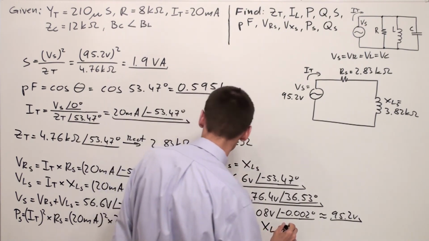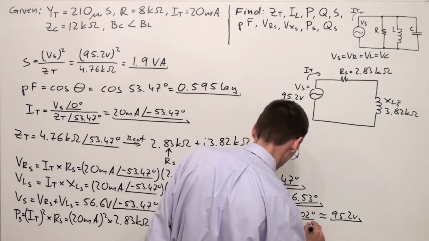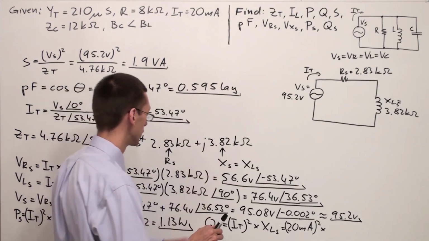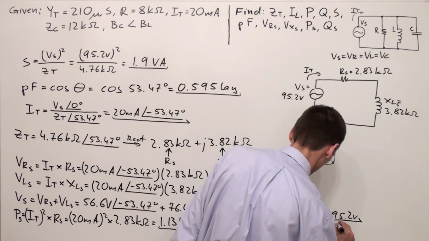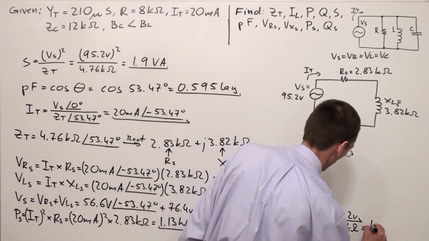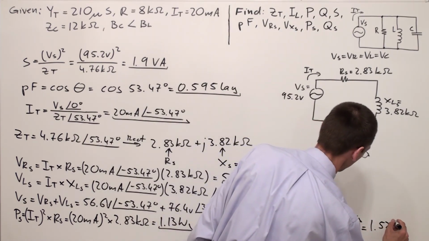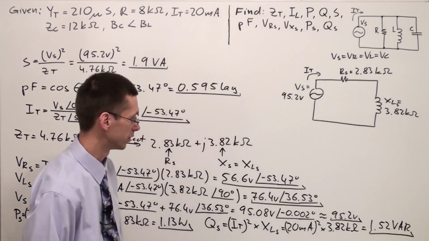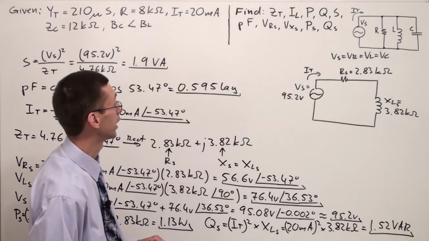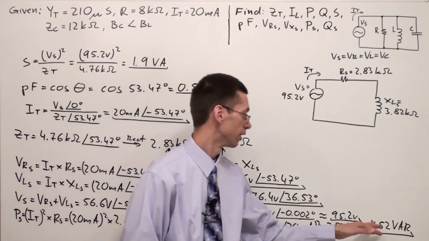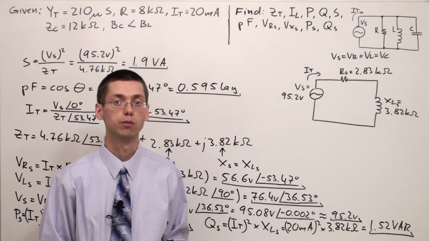So this is equal to 20 milliamps raised to the second power times X_LS, which is 3.82 kilo ohms. Everything is equal to 1.52 volt ampere reactive. If you compare this answer with the total reactive power in the parallel circuit, you will see that we get exactly the same value. So it means that the problem is solved correctly.